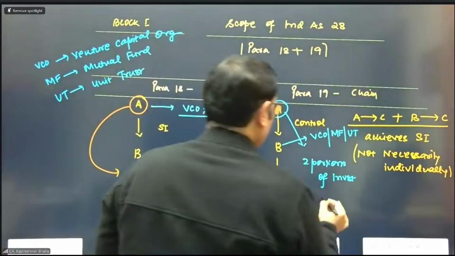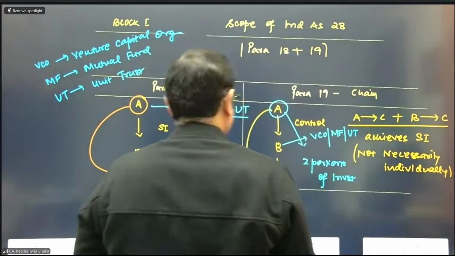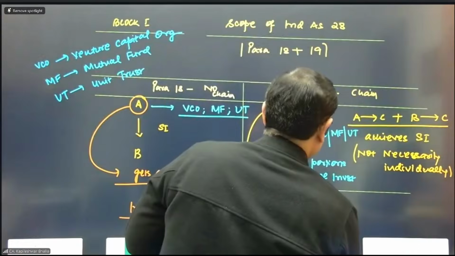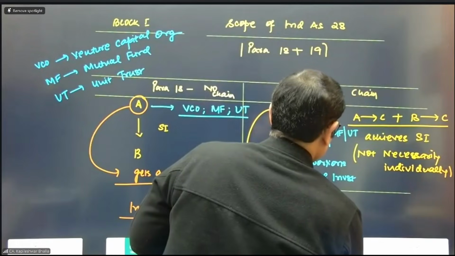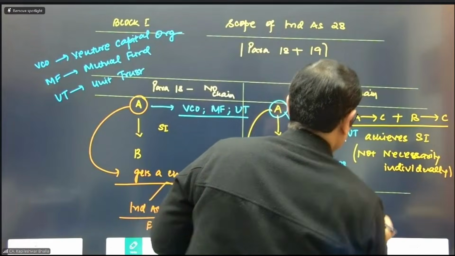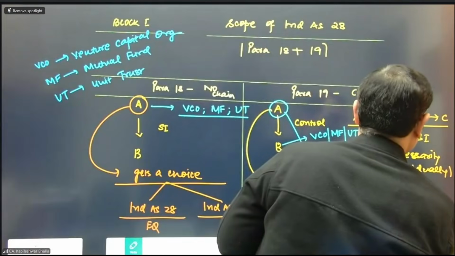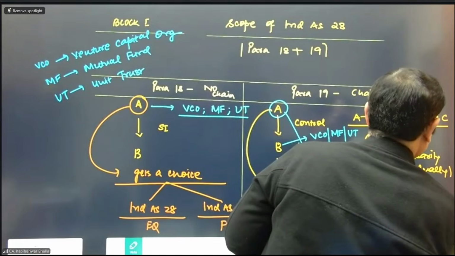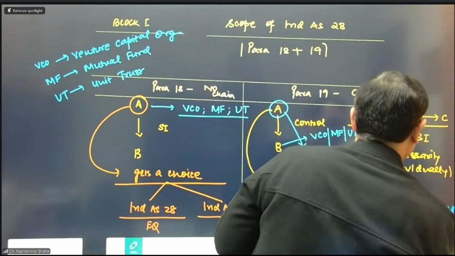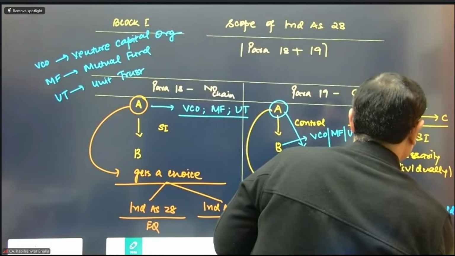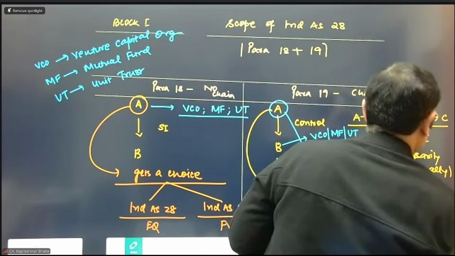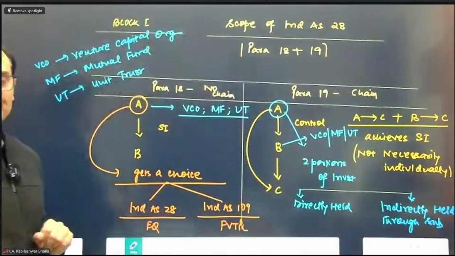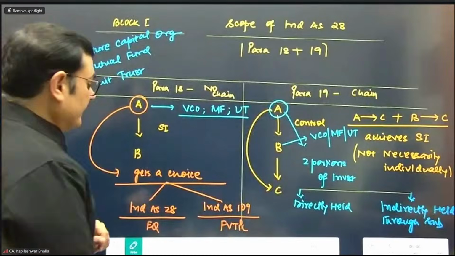So here there are two portions of the investment: one is directly held, and one is indirectly held through the subsidiary. These are the two portions of the investment.